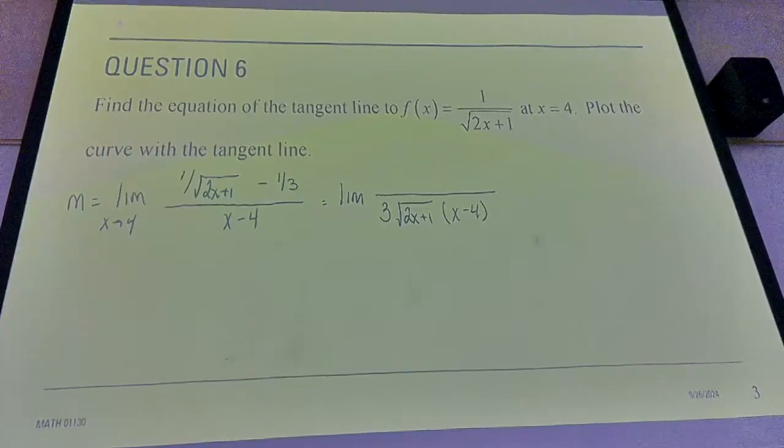Which leaves us with 3 minus square root of 2x plus 1. Did that resolve the indeterminate form? No, which means we have to do what?